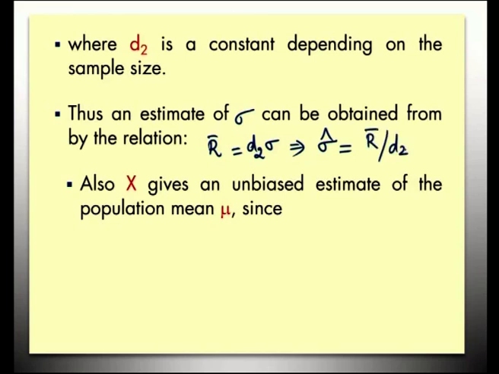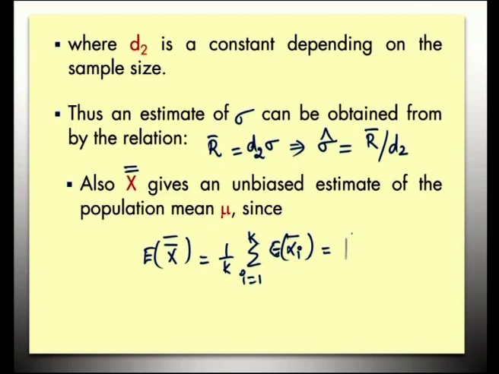d2. Also, x bar bar gives an unbiased estimate of the population mean mu, since the expectation of x bar bar is equal to 1 by k summation i equals 1 to k expectation of x i bar, which is equal to 1 by k summation i equals 1 to k mu.